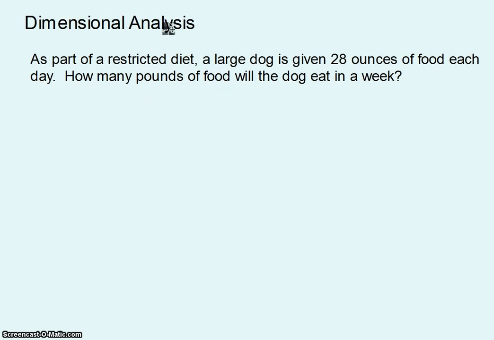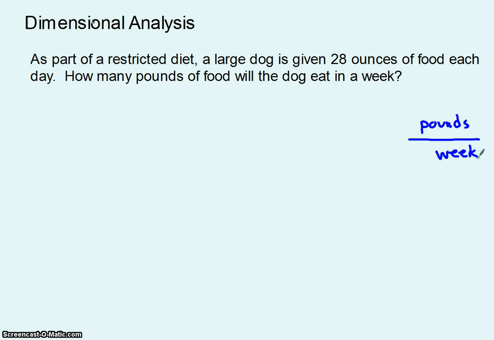As part of a restricted diet, a large dog is given 28 ounces of food each day. How many pounds of food will the dog eat in 1 week? Well, when it's all said and done, I want to have my answer in pounds per week.